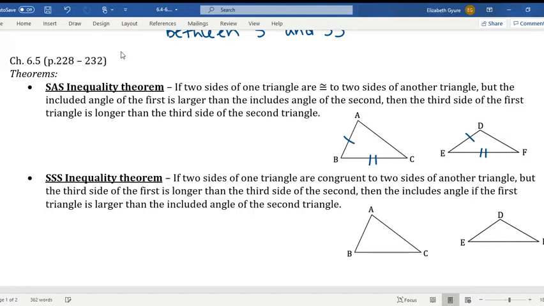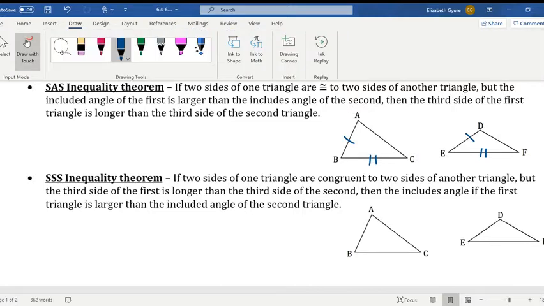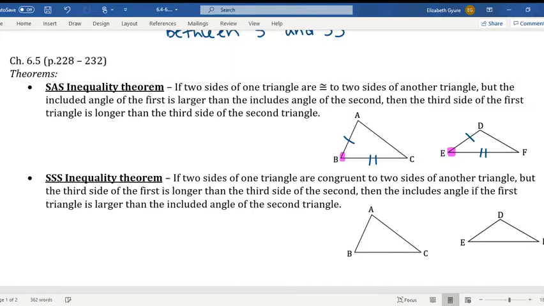Okay, so we got two sides of one triangle are congruent to two sides of another triangle, but the included angle of the first is larger than the included angle of the second. So what this is saying is that if the measure of angle B is greater than the measure of angle E, then the third side of the first triangle is longer than the third side of the second triangle.